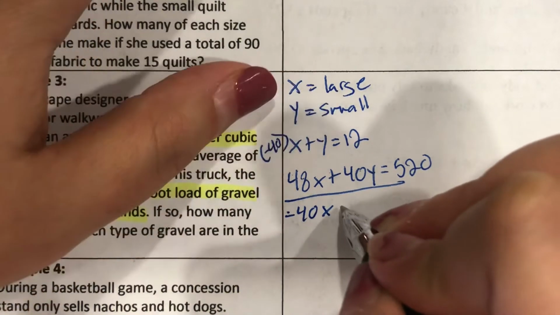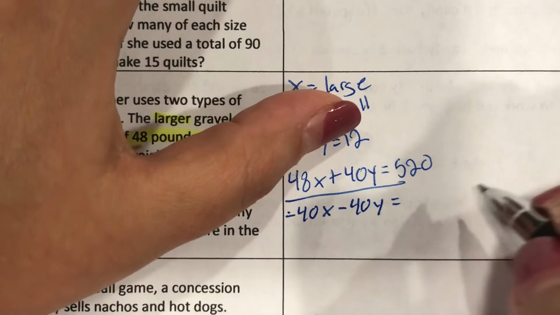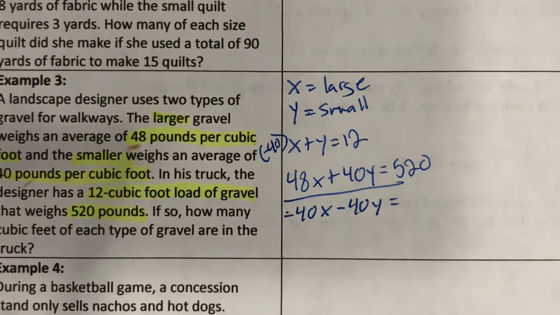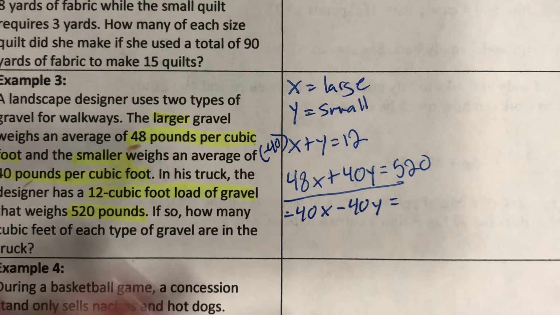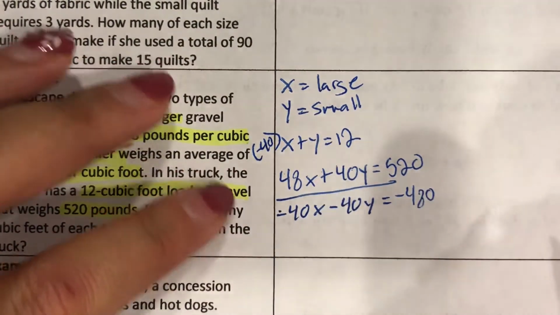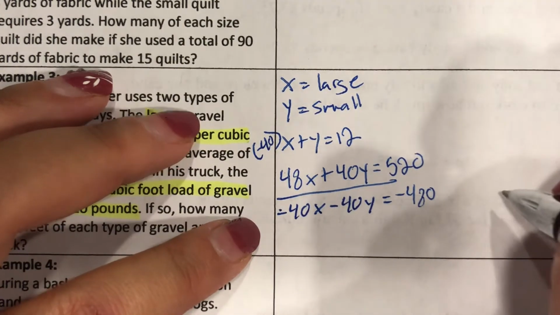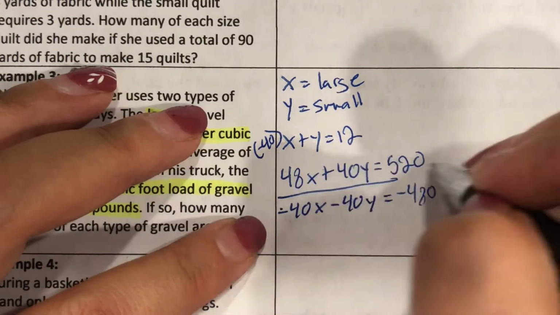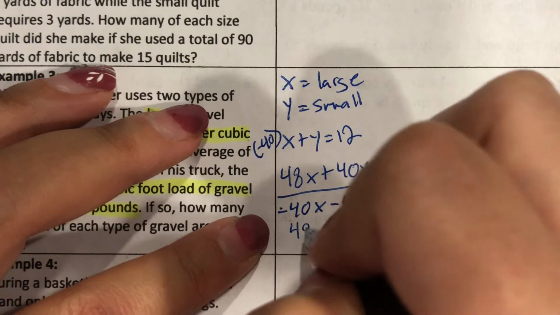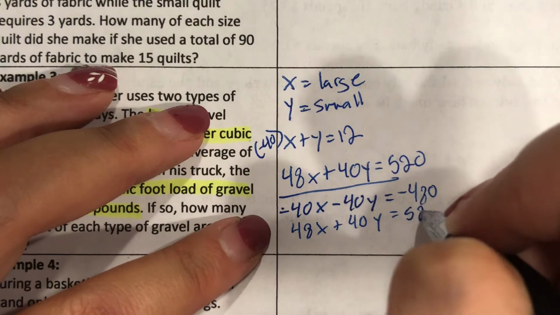Negative 40 times y gives me a negative 40y equals negative 40 times 12, which is negative 480. Sorry, I actually didn't do elimination. I'm just doing this right now. And then the bottom one doesn't change. So 48x plus 40y equals 520.